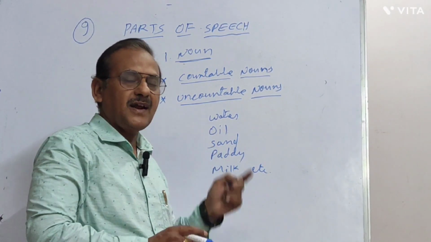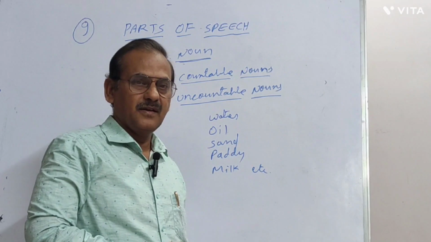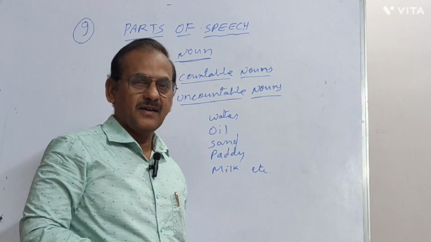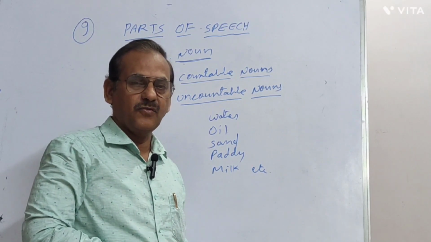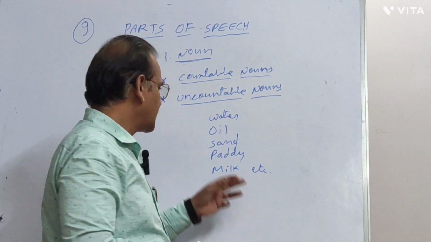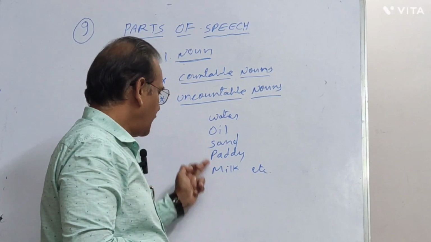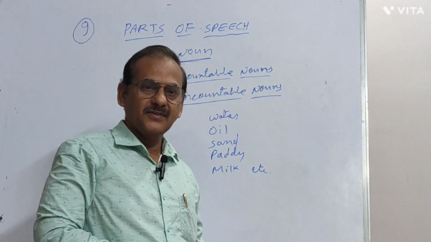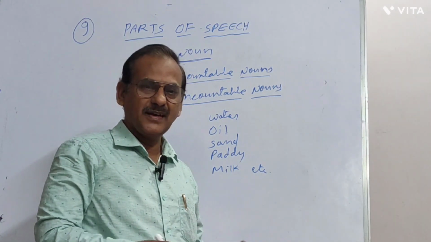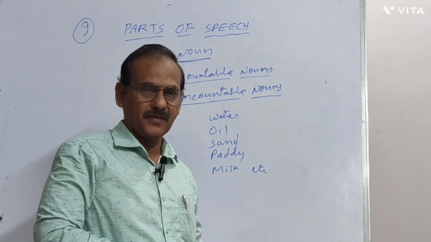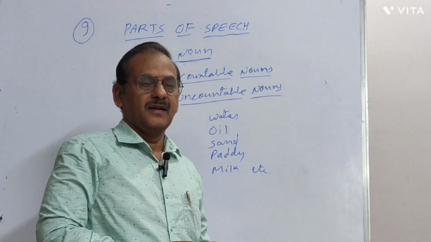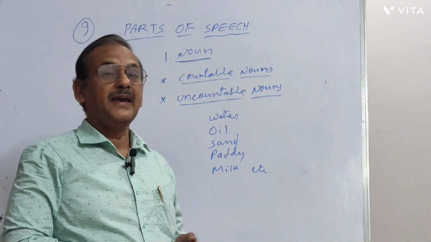Individually, we cannot count them. For example, a water, 2 water, 3 water, 4 water, we cannot say. Suppose you take milk, 1 milk, 2 milk, 3 milk, we cannot say, we cannot count them. Of course, we can count them in measure.